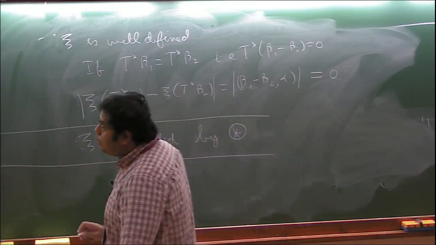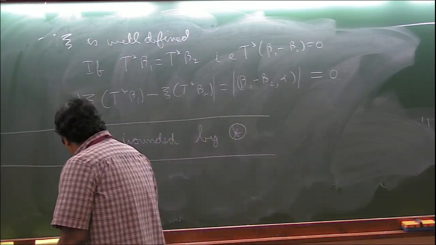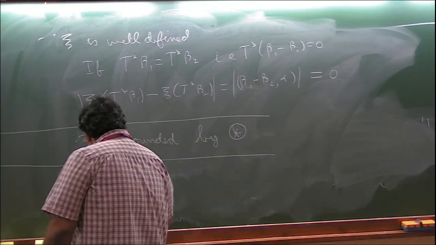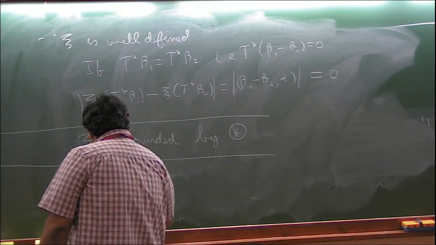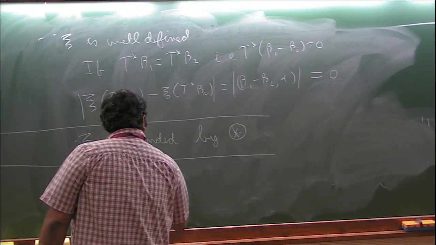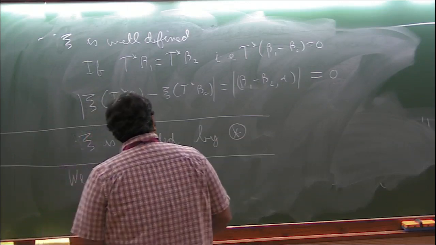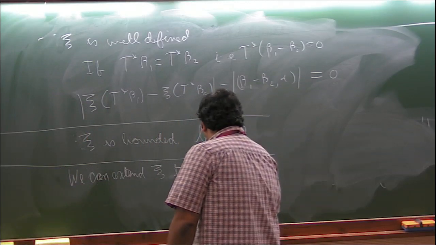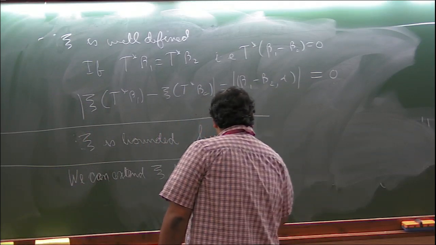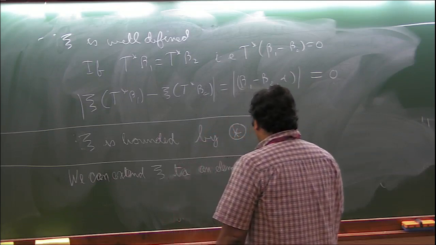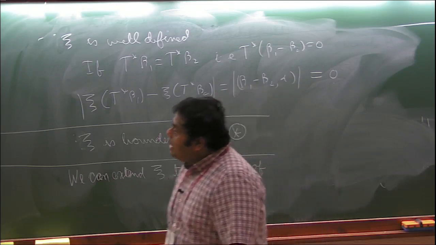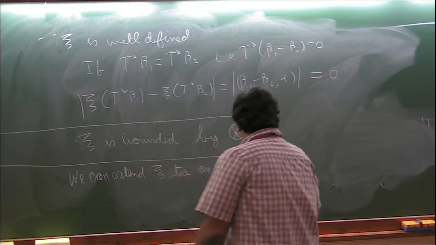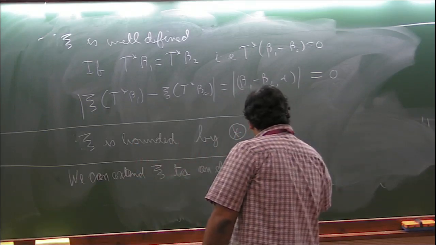And what happens, so therefore we can extend, we did exactly what we did a few minutes ago. We can extend xi to an element of, so now where is it defined? Element of the dual of H2 star.